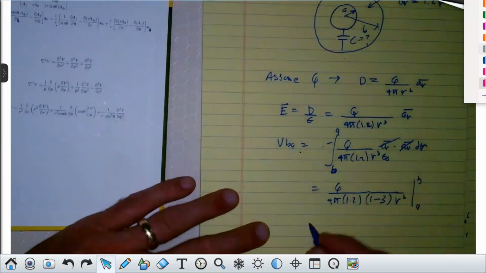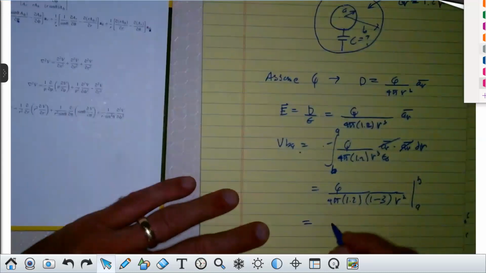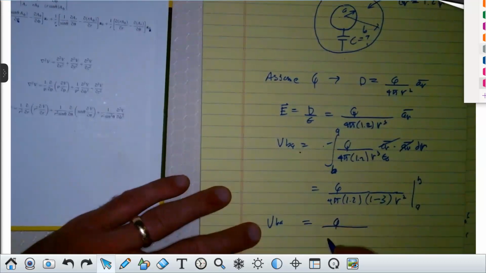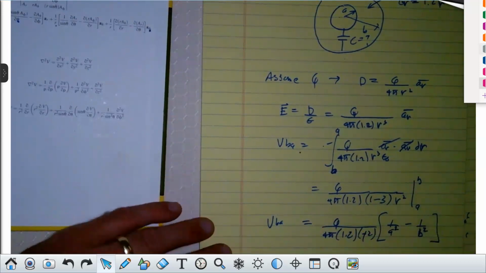So my voltage between B and A would be equal to Q over 4 pi epsilon naught 1.2, and then it's minus 2, or make it plus 2 and just switch the limits. Then it's going to be 1 over A squared minus 1 over B squared. Do y'all agree with me there?